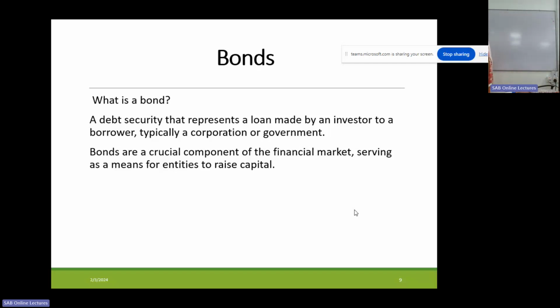Proprietors and partnerships can't issue bonds, only companies and corporations can. Bonds are a crucial component in the financial market, serving as a means for entities to raise debt capital.